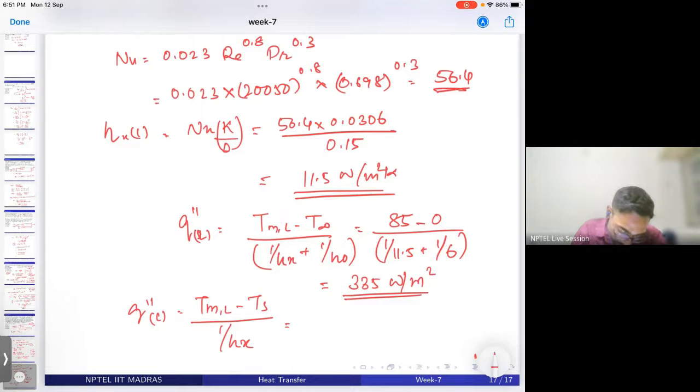That is, T_s will be q double dot by h_x plus T_ml.